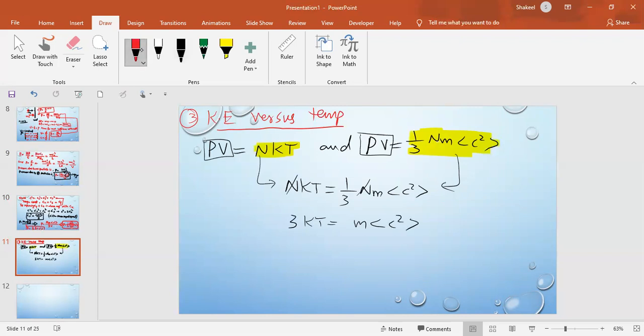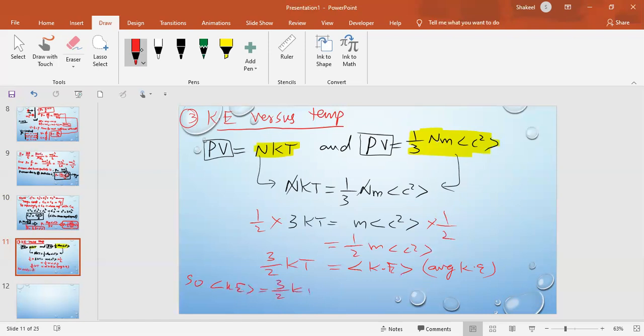Now you have to multiply both sides by 1 by 2, because only then will you get 1 by 2 mc square, which is the mean kinetic energy or average kinetic energy. And over here, it will be 3 by 2 kT. So we can say that average kinetic energy is equivalent to 3 by 2 kT.